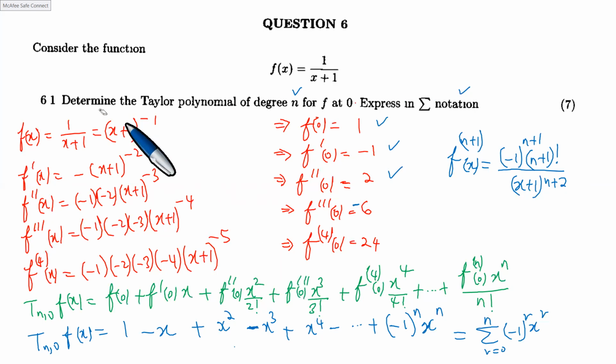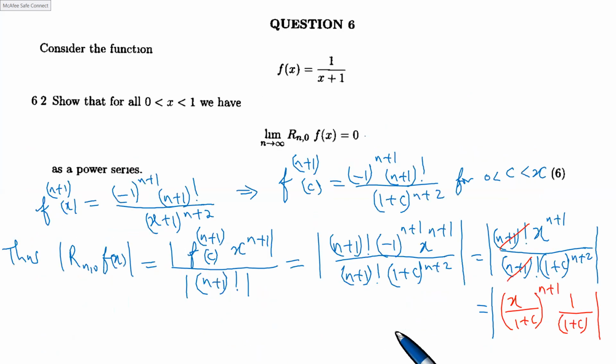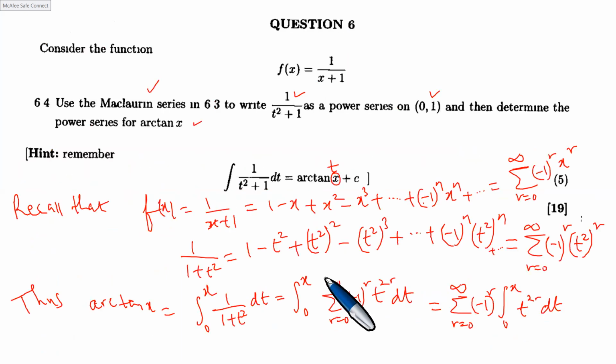Okay, we had the Taylor polynomial of degree n. If it's of a finite degree, you can see the language the examiner uses. It's a Taylor polynomial. It becomes a polynomial rather than just a power series, because obviously it's a polynomial of degree n. And then it becomes a power series when it is infinite. Okay, we have answered this question.